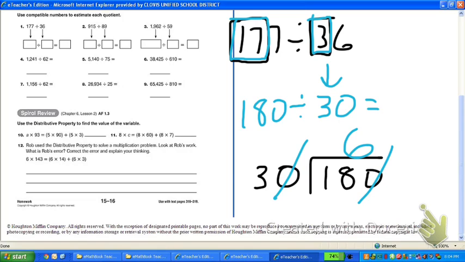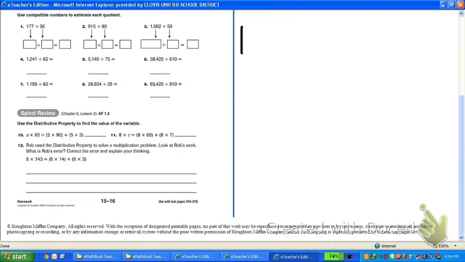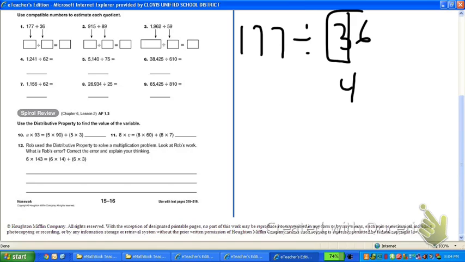Now I know that we could also possibly say that 177 divided by 36, we might say, well, 3 can become a 40, and this could become 16.